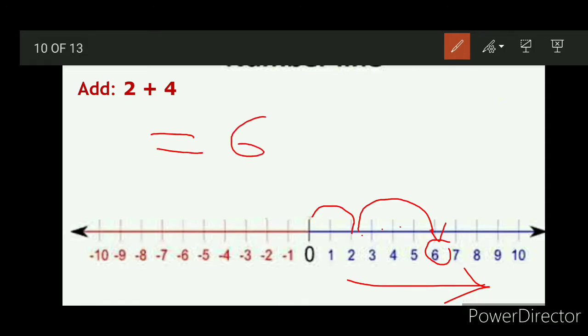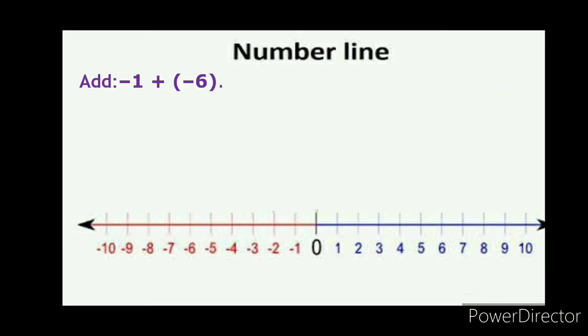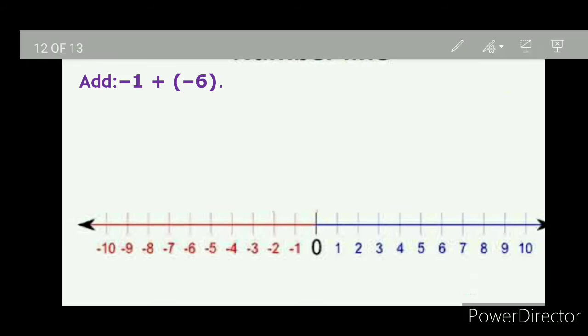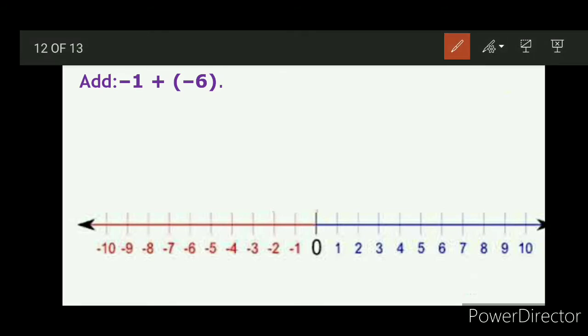Understand, children? See, children, another example. We are going to add two negative integers. On the number line we have negatives on the left side. So we are going to mark -1 first, 0 to -1 on the left-hand side.